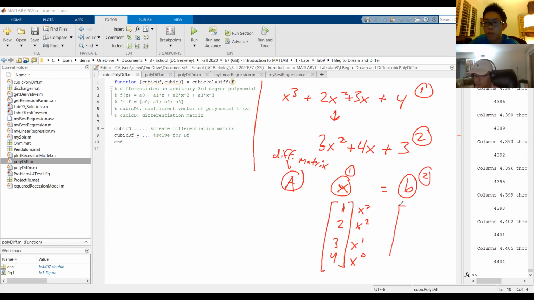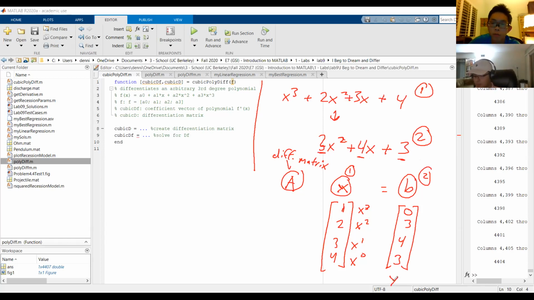And this is going to turn it into something like, let's see. Well, there's going to be no x to the power of 3, so this is going to be 0. This is going to be 3, this is going to be 4, and that's going to be 3. See what I did here? I've turned the coefficients of these into the elements of each of these vectors. So this is like y.